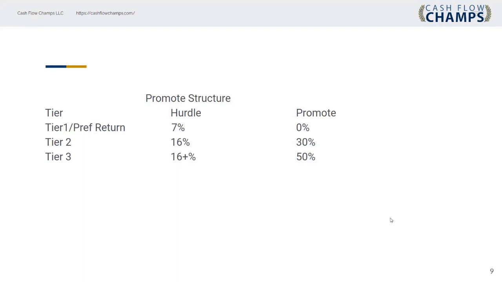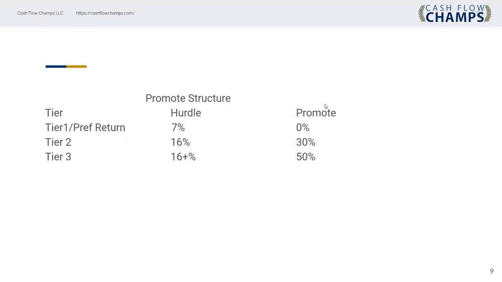Up to 7%, the investors get the cash flow. There's no promote for the operators. There's a 7% preferred obligation to the investors here, so the sponsors get no cash flow until the first 7% return is satisfied for the investors.